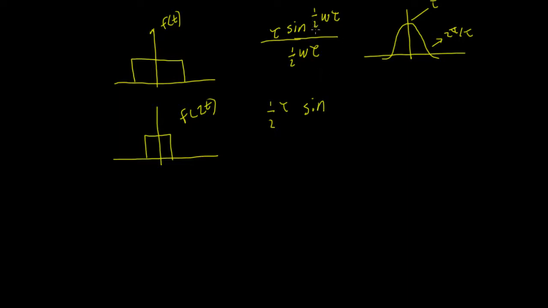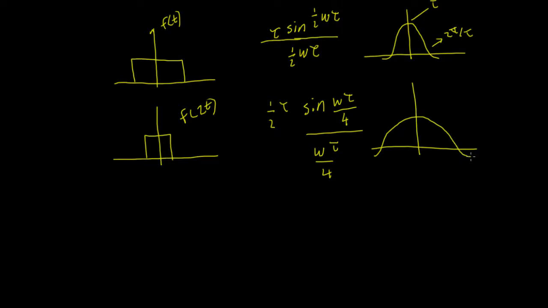Now it's no longer going to be our omega, it's going to be our omega upon 2, so you're going to end up with omega tau upon, now it would be 2 times 2, which would be 4, all upon omega tau upon 4, and again that would come away like this, and it would be equivalent to stretching this thing here in the frequency domain, and it would decrease the height there, so the height there is now a half tau, and this point here is 4 pi upon tau.